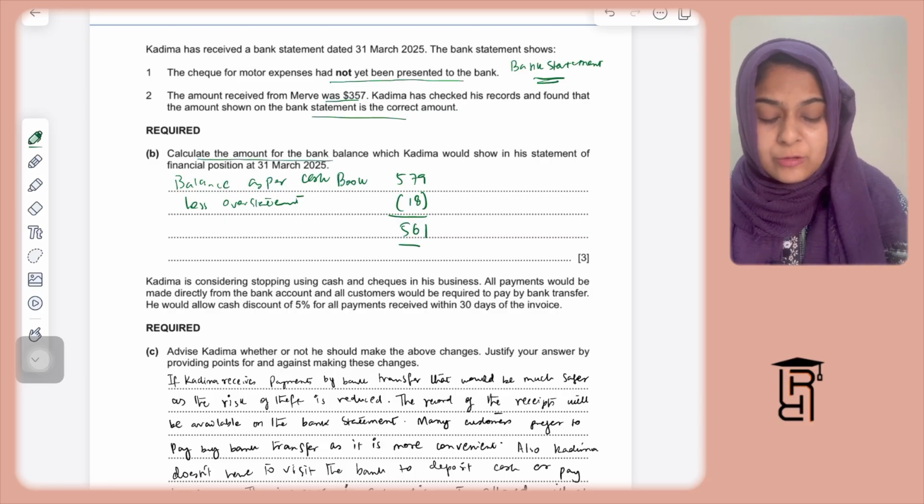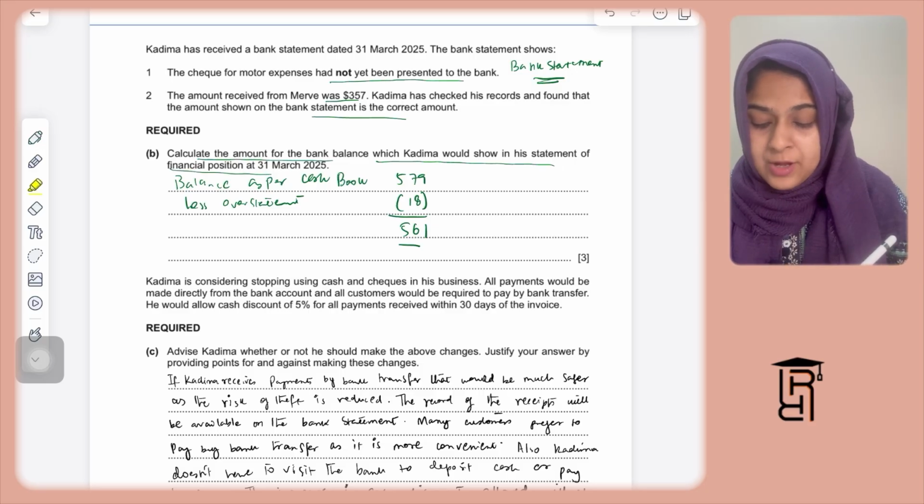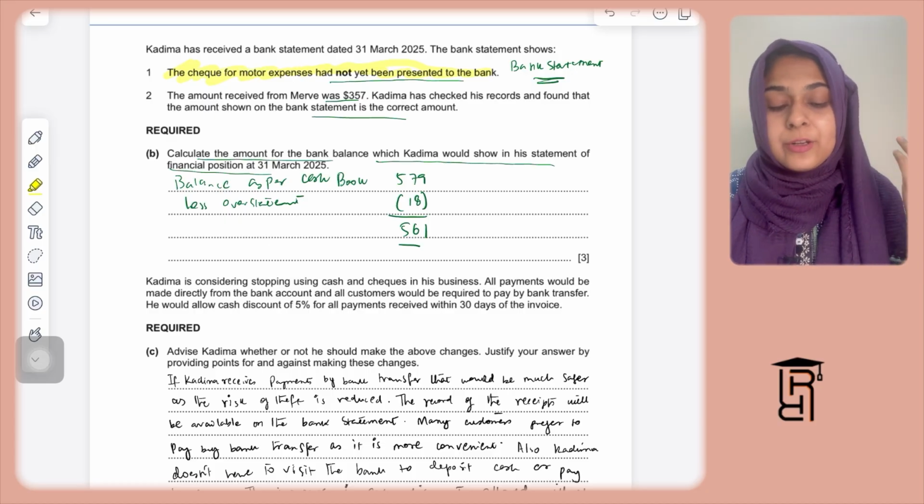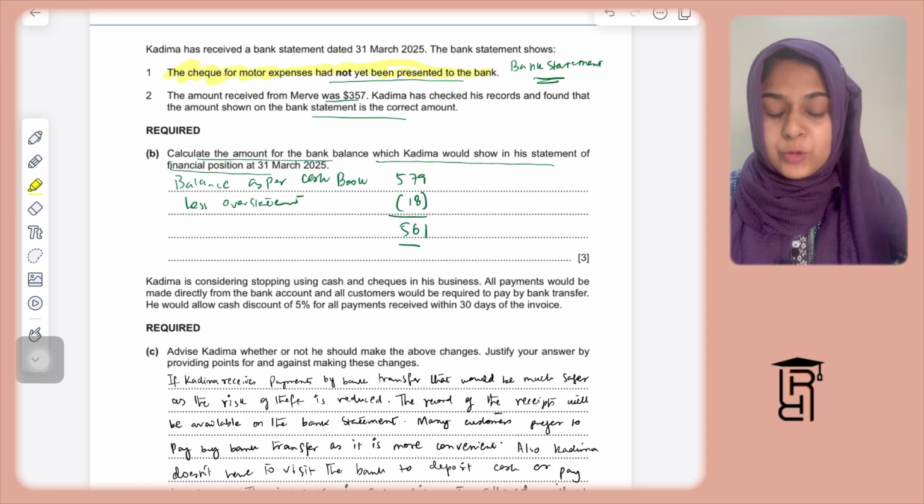They're saying calculate the amount shown for the bank balance which Kadima would show in his statement of financial position. For this, I don't need to correct my cash book balance because it is already correct. I have recorded the check paid for motor expenses in the cash book correctly.